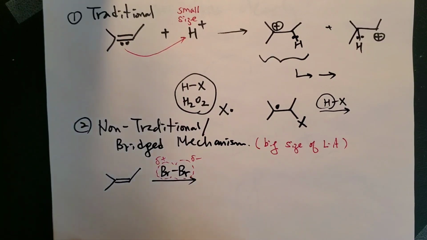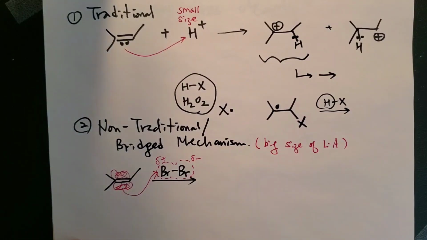When that persists, Br2 can run into the pi electrons, the perpendicular pi electrons here and here. They will be withdrawn toward the partially positive end. So moving this way.